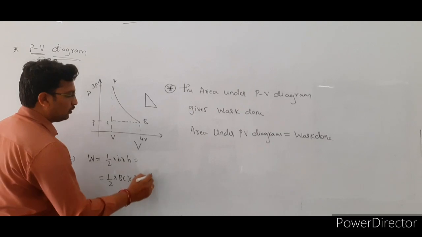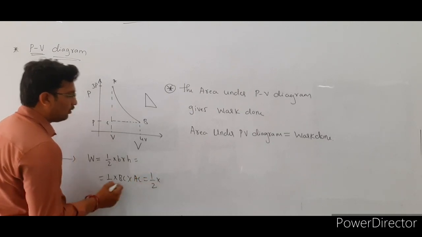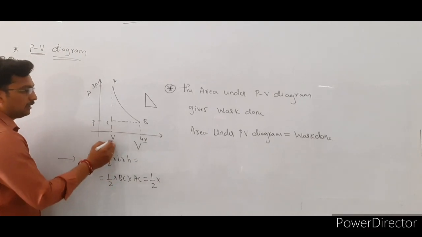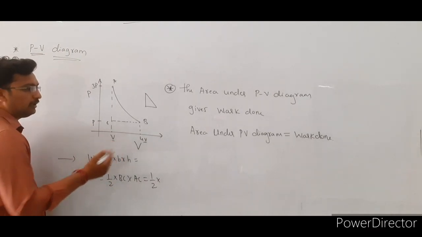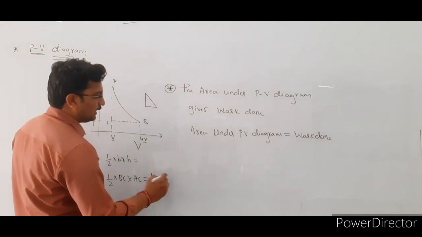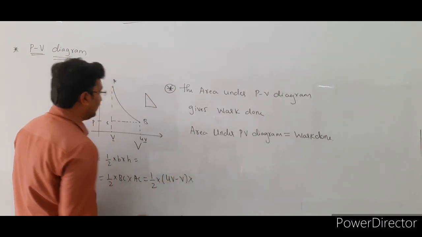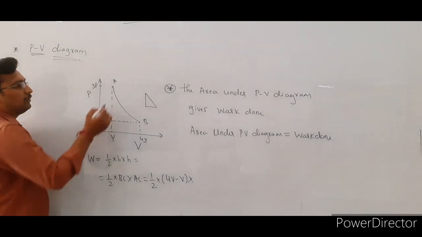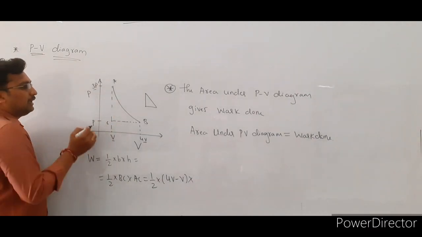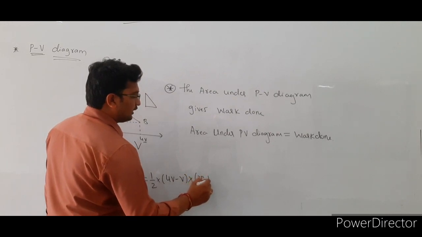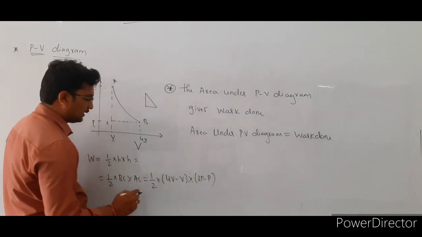What is the BC value here? B is 4V and C is V, so 4V minus V is 3V. Height is the AC value: this is 3P and this is P, so 3P minus P.